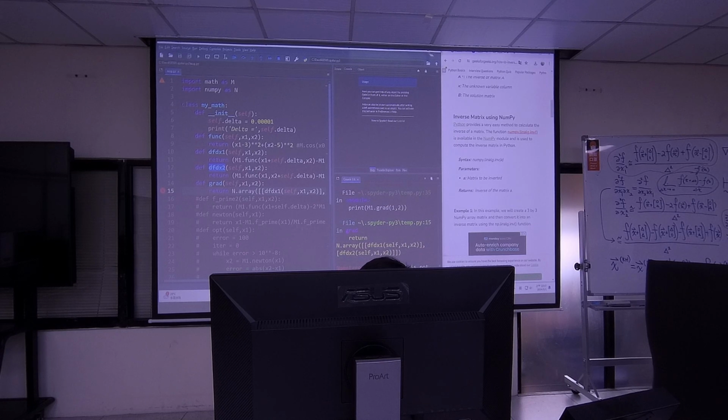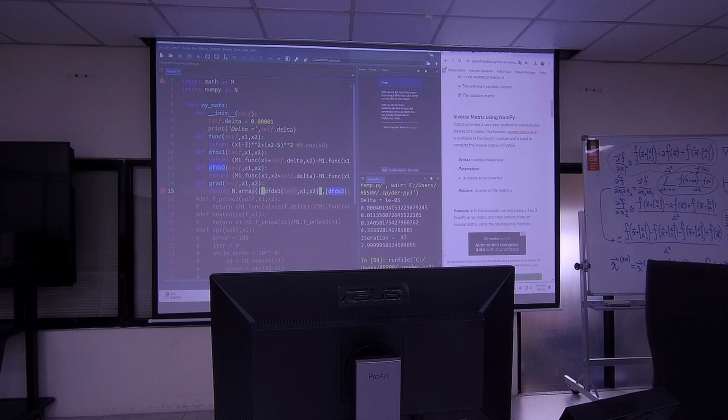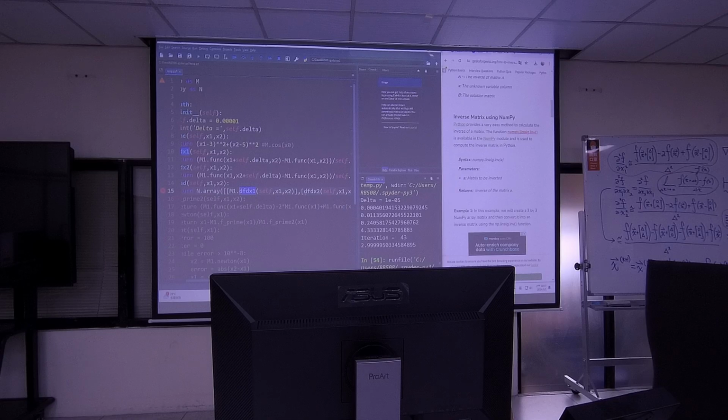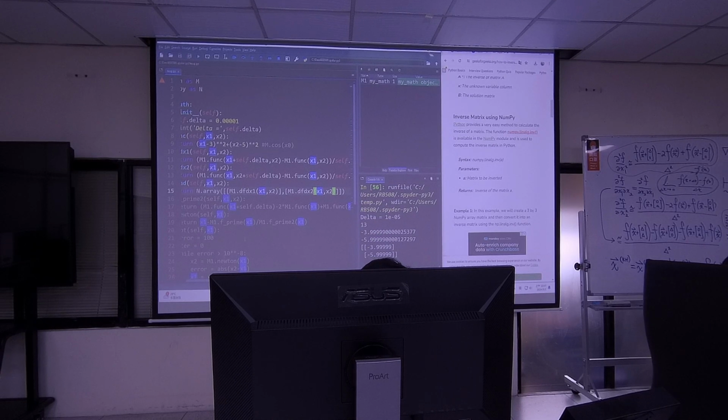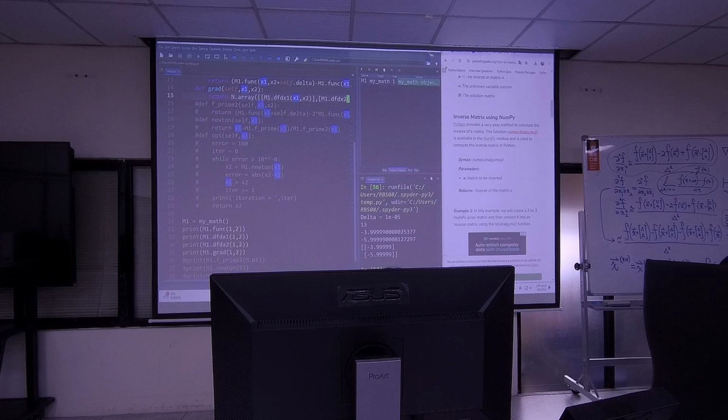NumPy is an issue. Sorry, I should say M1. Here, okay. Run the code. I don't need self. Okay. Yeah. So now if I call this.